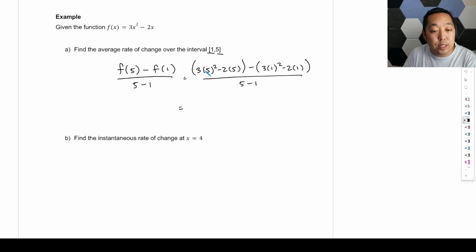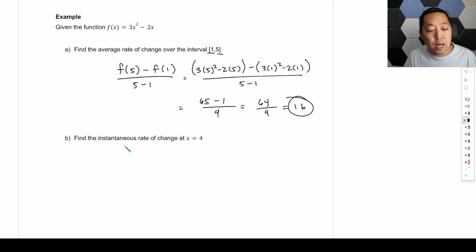And so then that's going to be just a number. Let's see, 75 minus 10 is 65. This is going to be 3 minus 2, which is 1, and then that's over 4, and that's going to be 64 divided by 4, which is 16. This one had no unit, so we don't have to put any units, but we'll go through some problems where we have some.